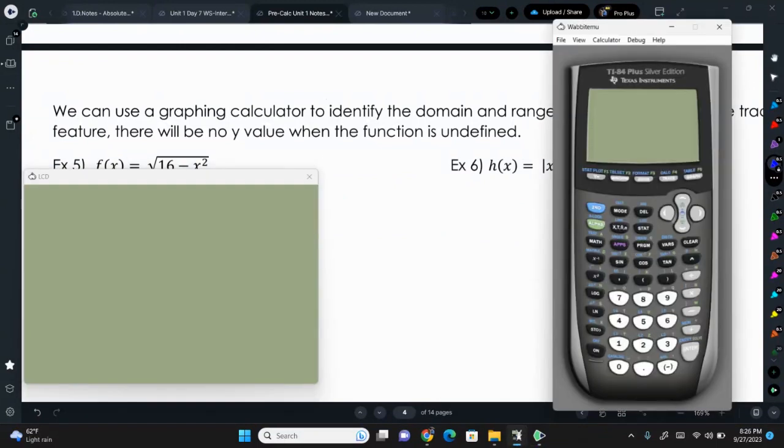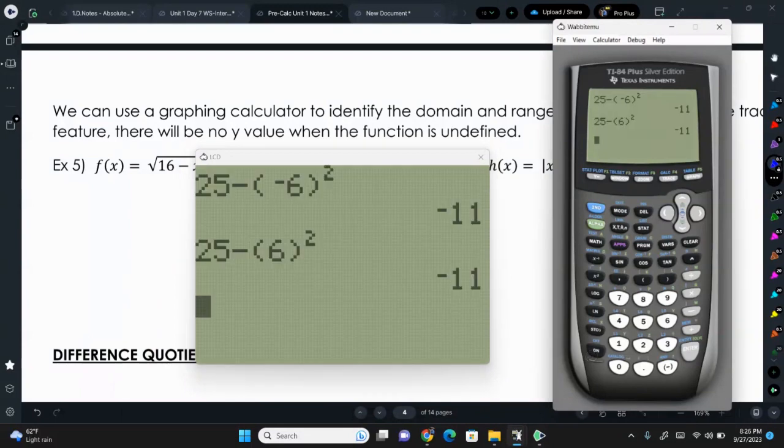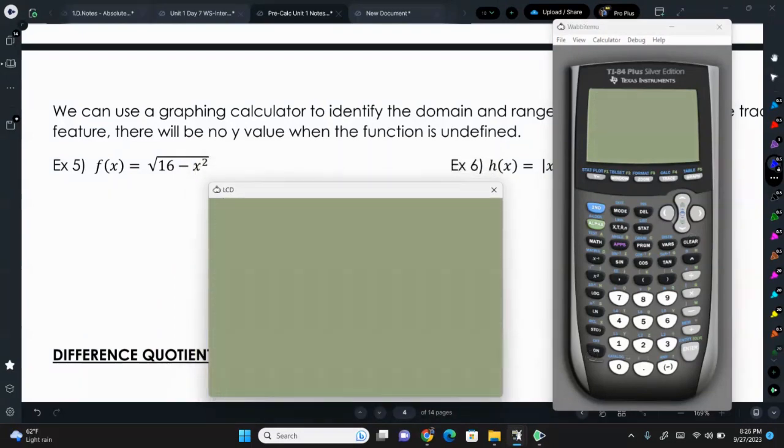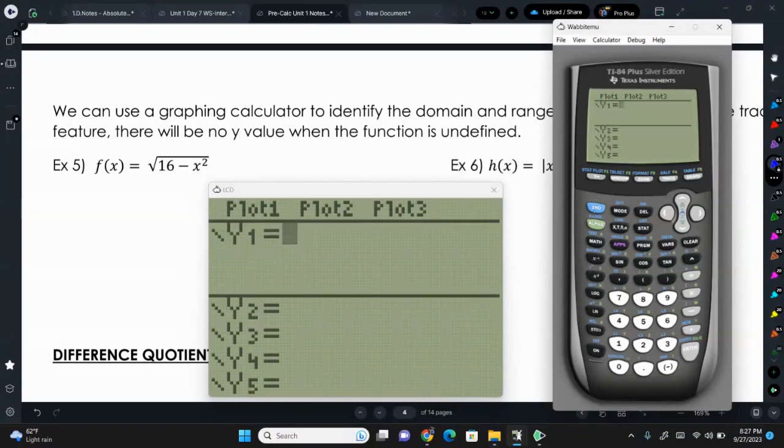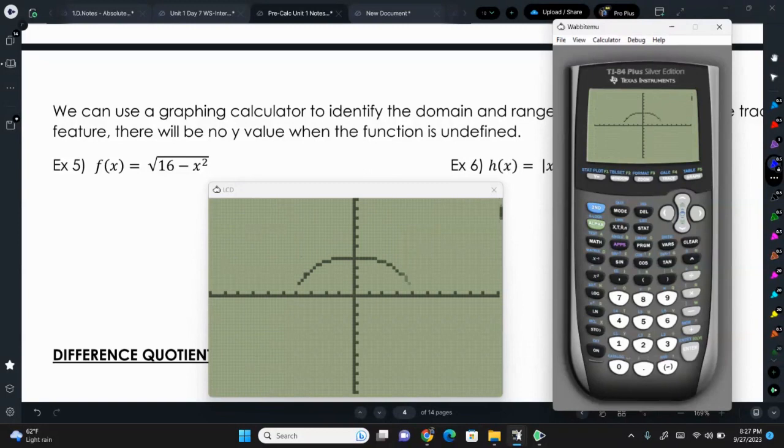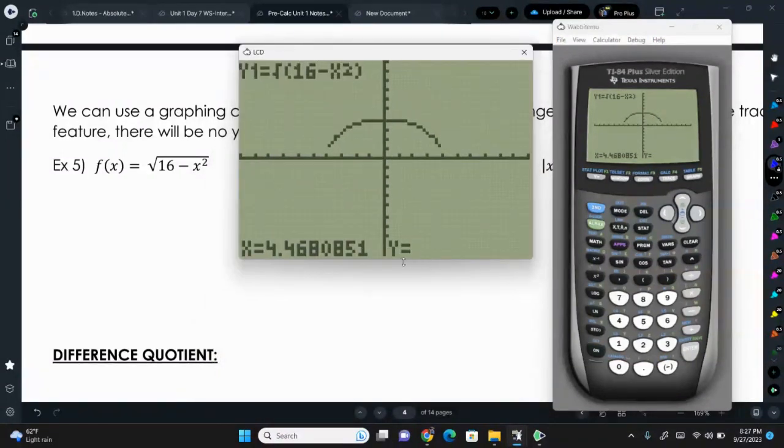So if we look at this and you type in y equals the square root of 16 minus x squared, and we graph that, look, it looks like a semicircle, and we see that when x is 0, y is 4, and if we go further away, after 4, look at our y values go away.